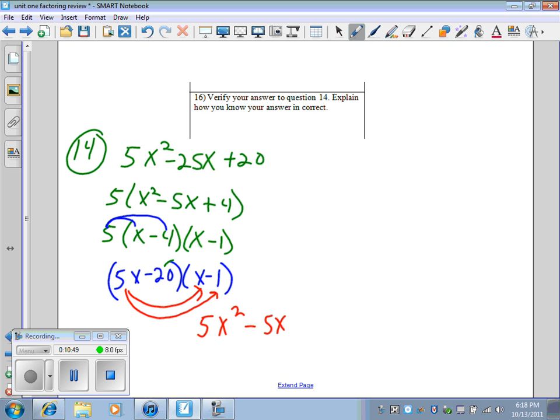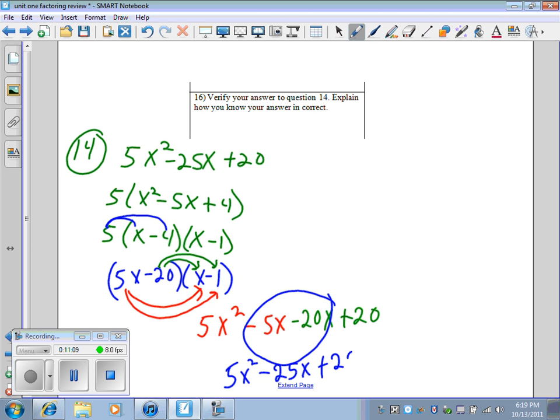Negative 20 times x gives me negative 20x, and then negative 20 times negative 1 gives me positive 20. If you simplify, add like terms in the middle here, you get 5x squared minus 25x plus 20.